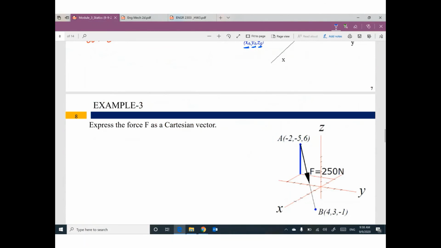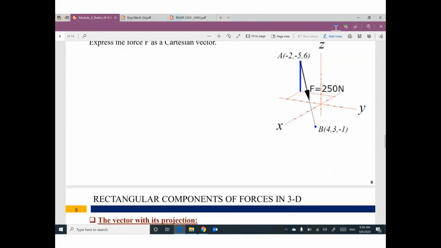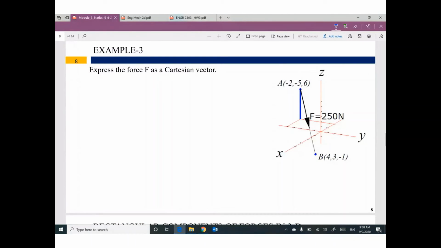Let me do this example. We have a force, how much? 250 Newton, F. This force F is going from point A to point B. So point A will be the first point, point B will be the second point.